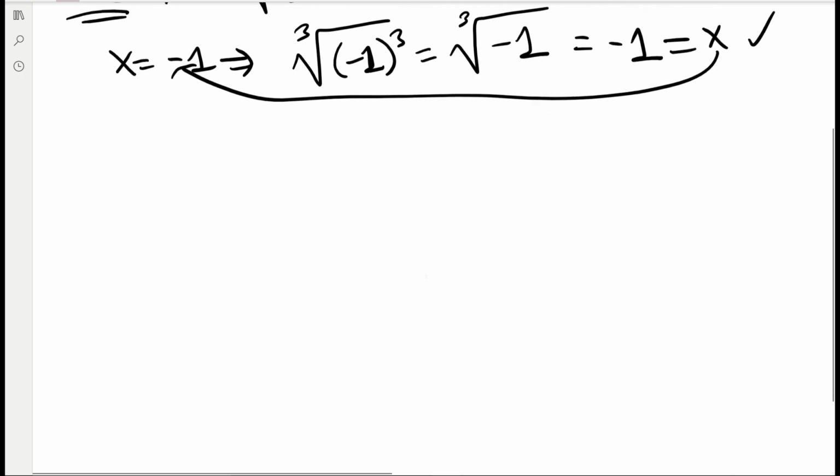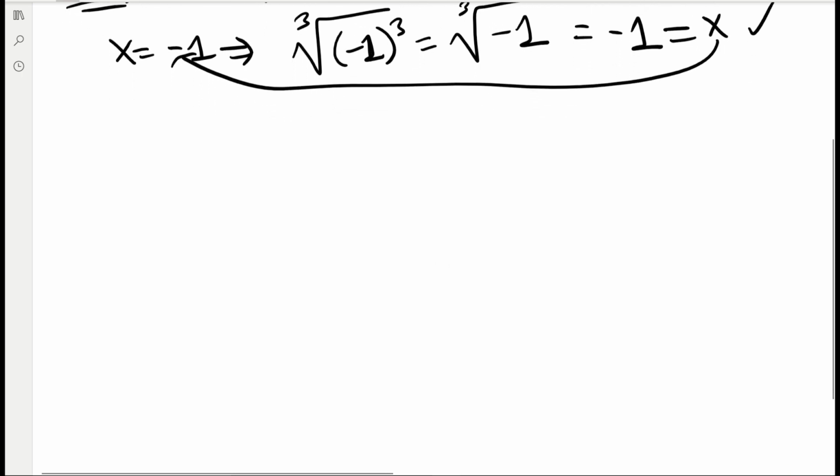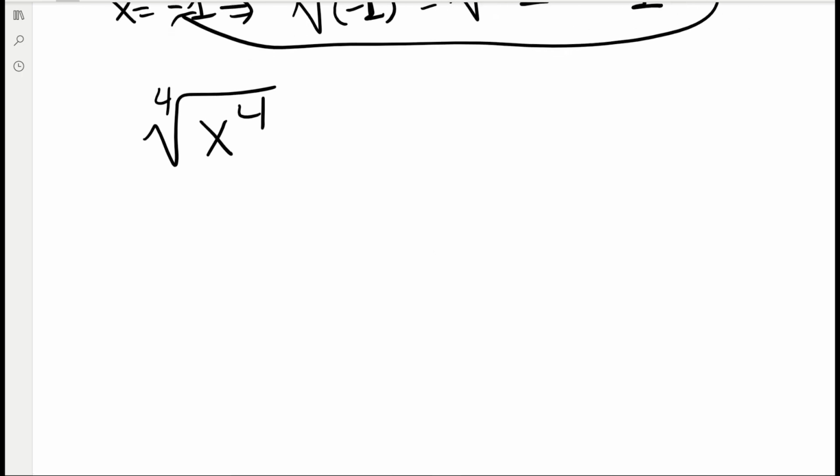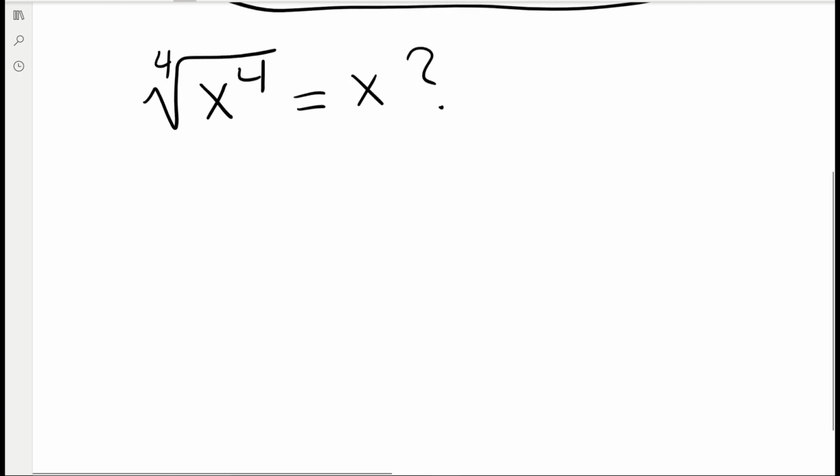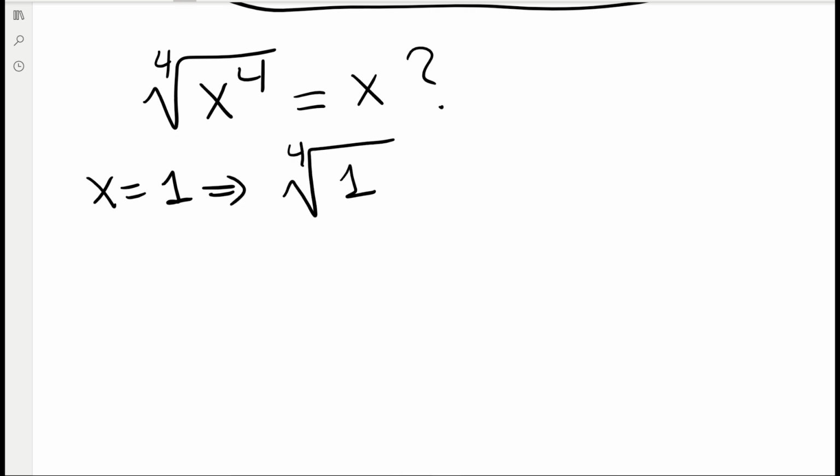Let's look at another example, however, where this may not be true. Let's say you had the 4th root of x to the 4th power. Now let's go ahead and plug in. We want to see if this is equal to x, as we would initially suppose. If we plug in x equals 1, we get the 4th root of 1 to the 4th.